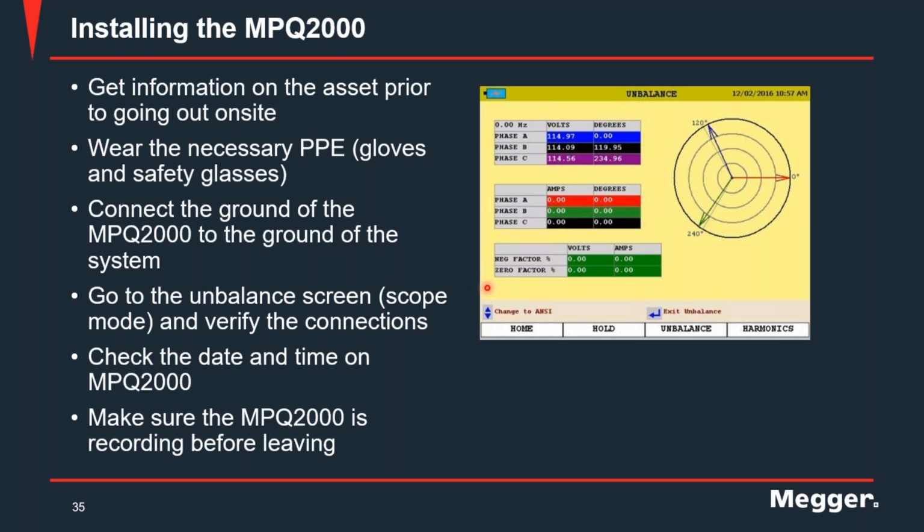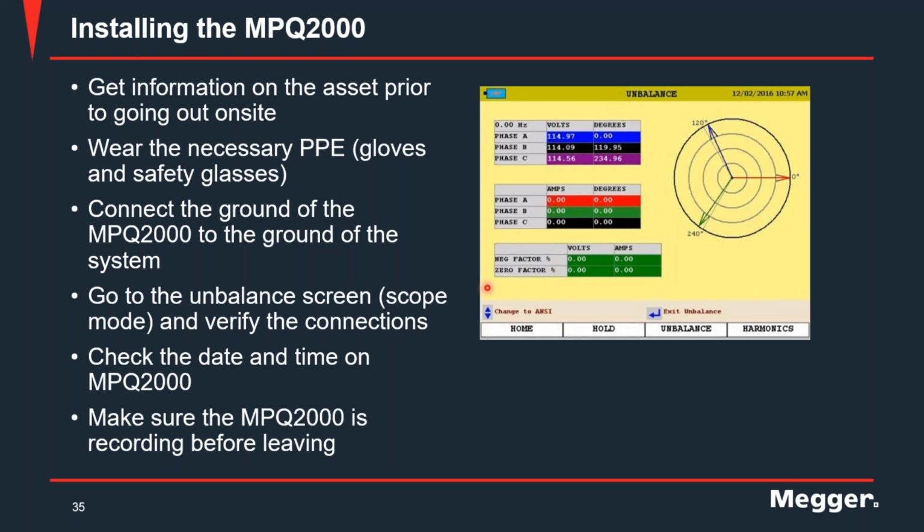Go to the unbalanced screen. I told you earlier that the unit runs multiple preliminary checks, and it lets you know if it sees something wrong. But if you do not want to completely rely on the unit, if you want to do some checks by yourself, you're welcome to go to the unbalanced screen, and here you can look at the vector information on the voltage and the current.